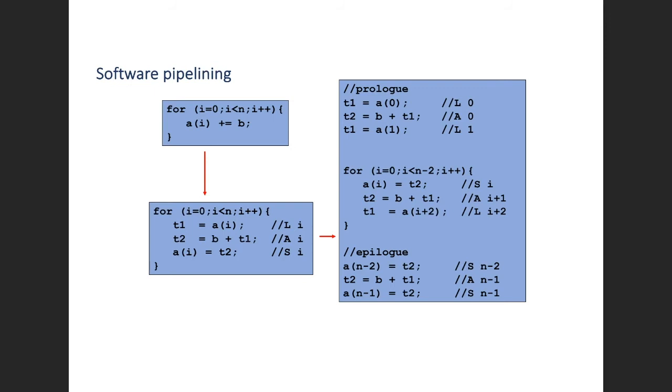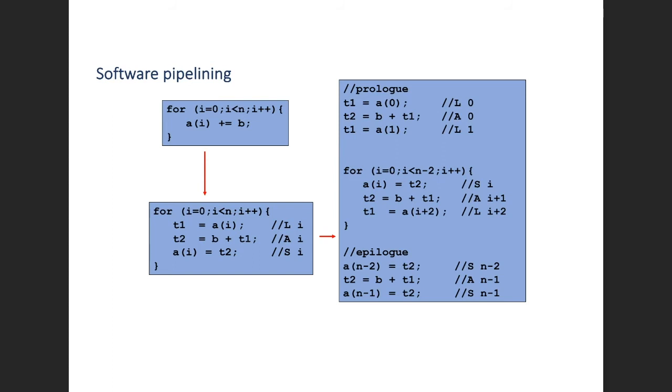So again, the way you can think of this as working, and you would not want to do this in source code, this is purely to illustrate what's going on. Remember that the compiler is doing this at a lower level. So if I took the loop at the top left here, and I introduce some temporaries so that I'm really down to the level where each statement only requires, in principle, a single instruction.